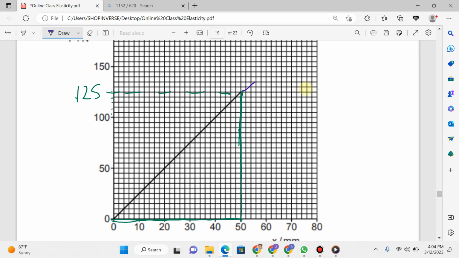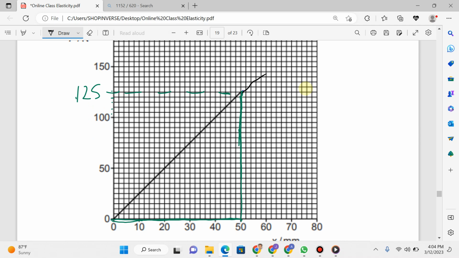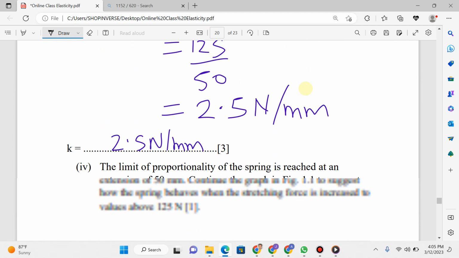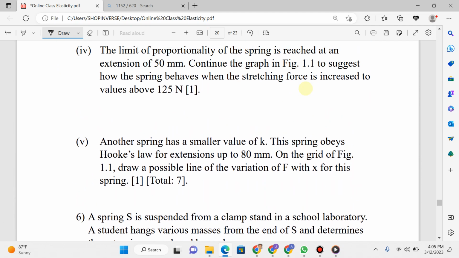Let me use black ink. That's what the graph looks like when you exceed this proportionality limit.